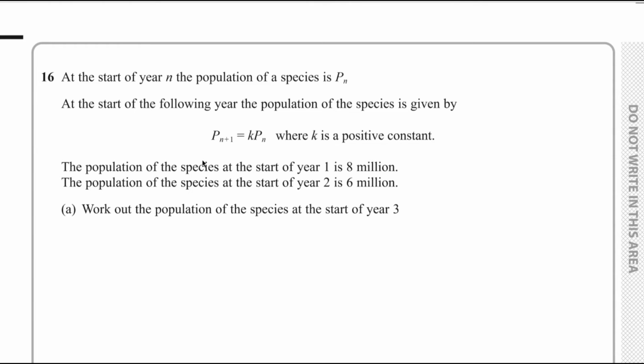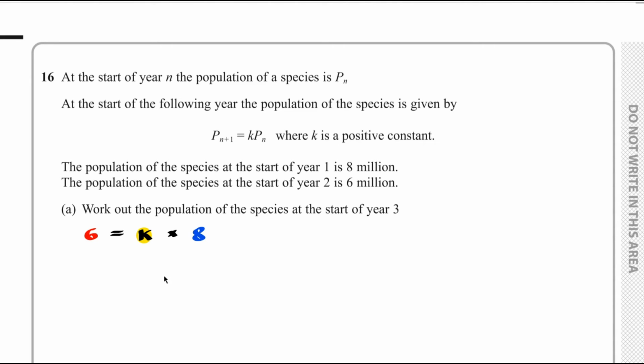So, if we use this formula, the population in the second year is equal to k multiplied by the population in the first year. And here we're going to assume that Pn is given in millions. So, we have P2, which is 6. This is equal to k multiplied by P1, and P1 is 8.